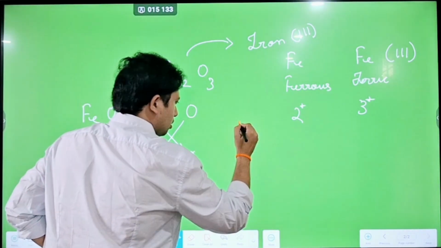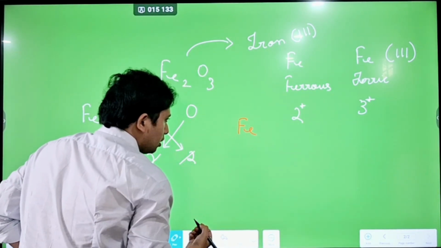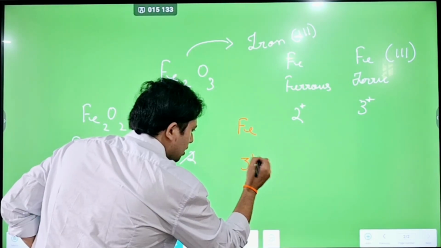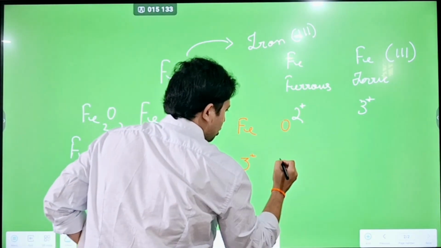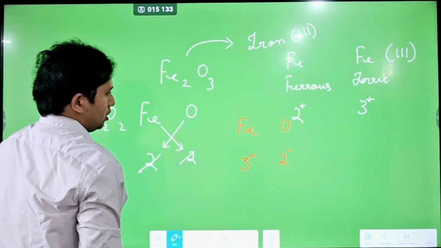In this condition, ferric has the power 3 plus and oxygen has the power 2 minus.